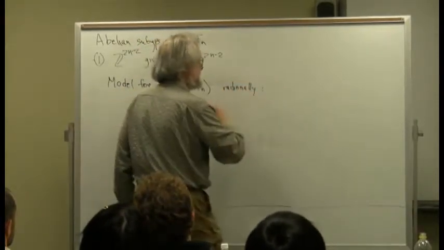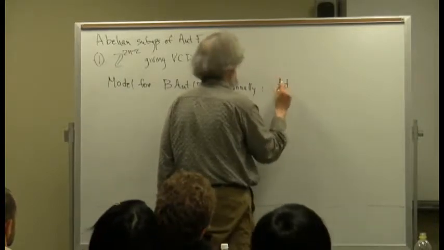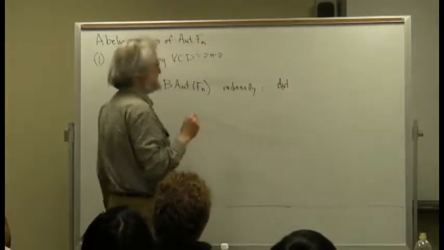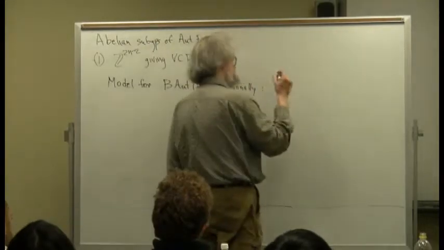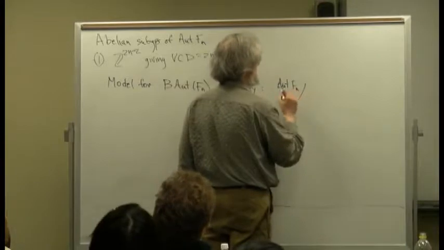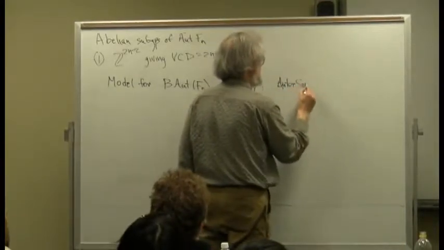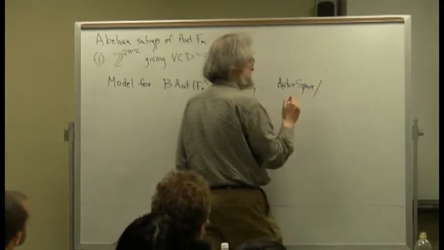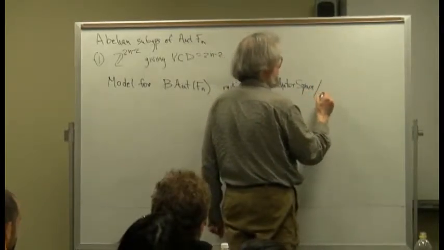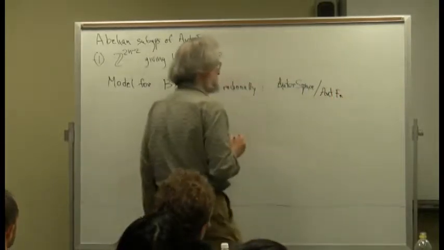Well, the quick way to say it would be, it's outer space, or the base-pointed version of it, Culler-Vogtmann space, the base-pointed version, modulo the action of Out Fn, if you happen to know what that is.